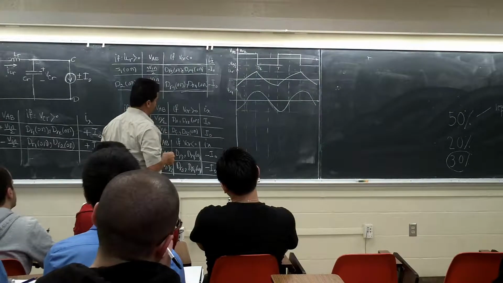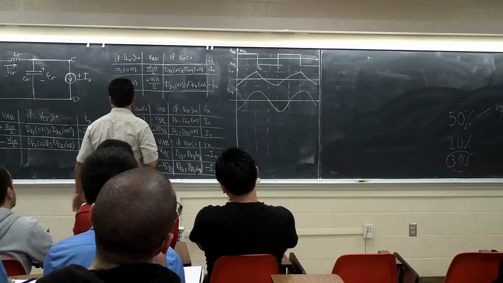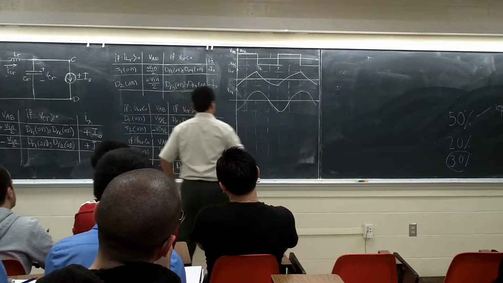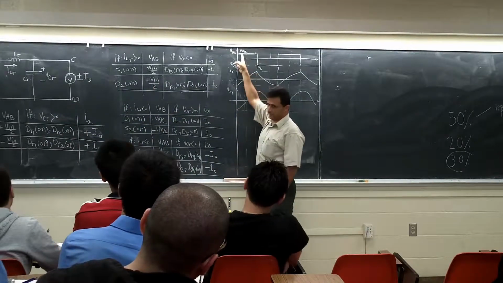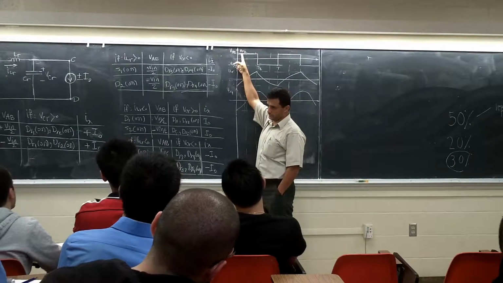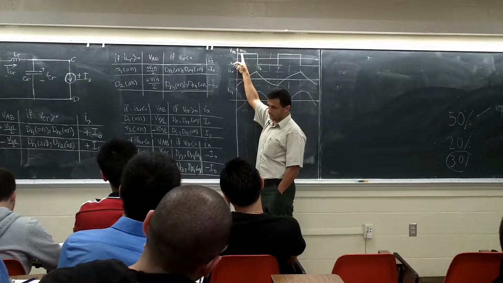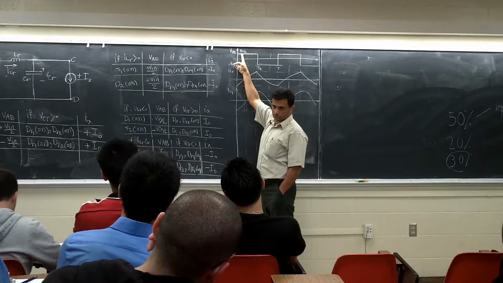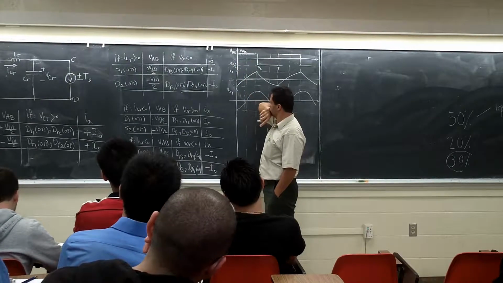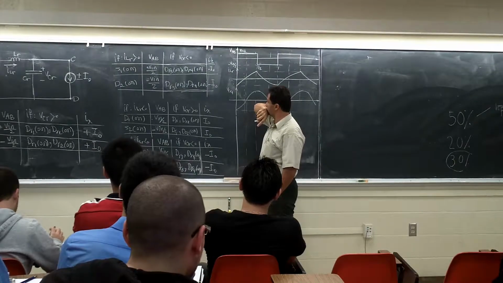VCR is negative. So which ones are on? ILR is negative, and VAB is positive. So DR3 and DR4 are on, and D1, DR3 and DR4. Now what about this one?